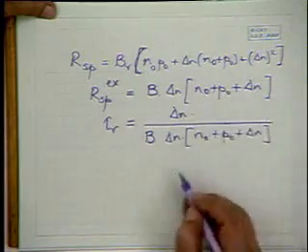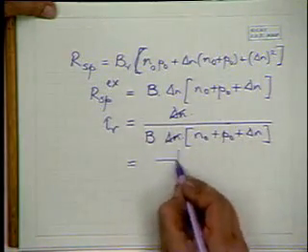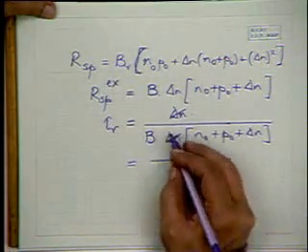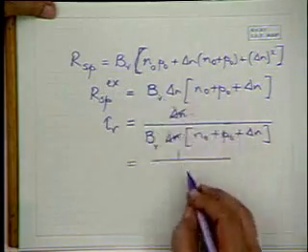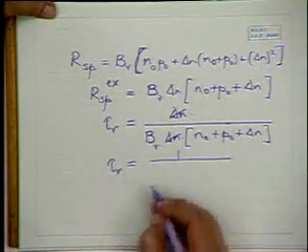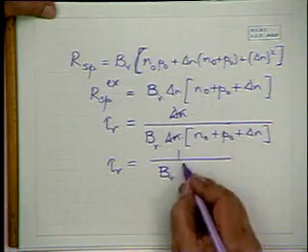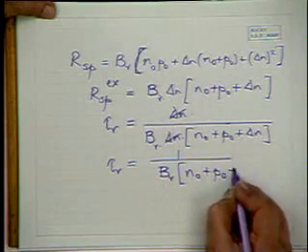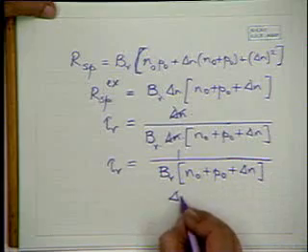Just using this expression, and since delta n cancels, this is just equal to 1 by, and we can write this B for radiative recombination as Br, say. So tau R is 1 by Br times n0 plus p0 plus delta n, where we've assumed that delta n is equal to delta p.